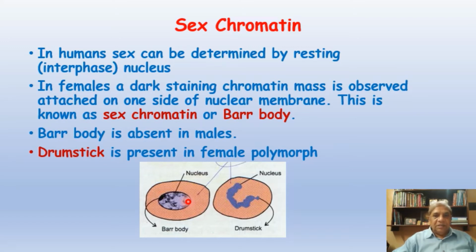Whenever he was observing a slide of a female animal, he was always observing this kind of chromatin mass attached to the nucleus. And since it was discovered by Professor Barr, it is called the Barr body.